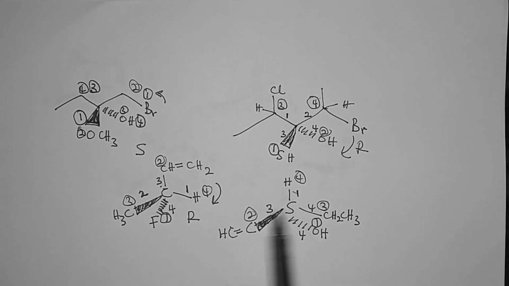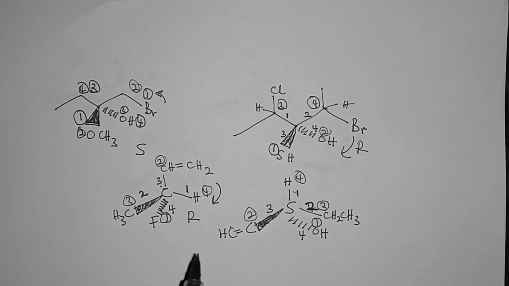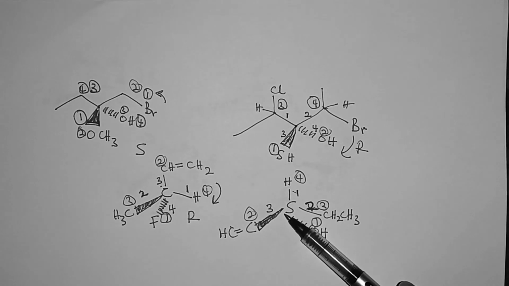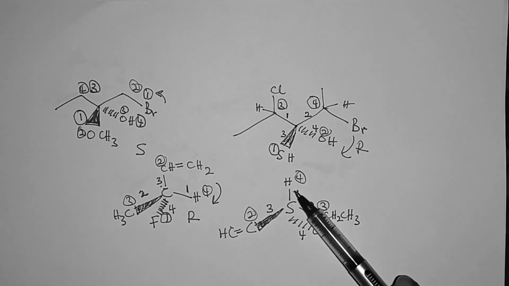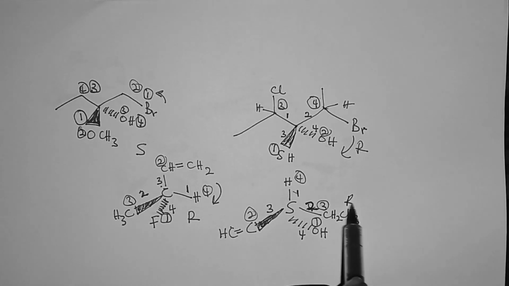So if we swap these two, then here becomes number 3 and here becomes number 2. Sorry for that mistake. So therefore, if we cover the lowest priority group, it's going to give us 1, 2, 3. 1, 2, 3 is in the clockwise direction, and therefore this configuration is also an R configuration.